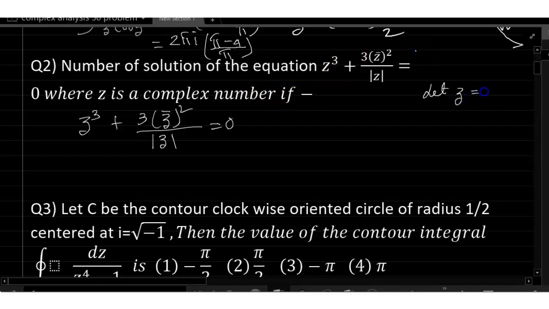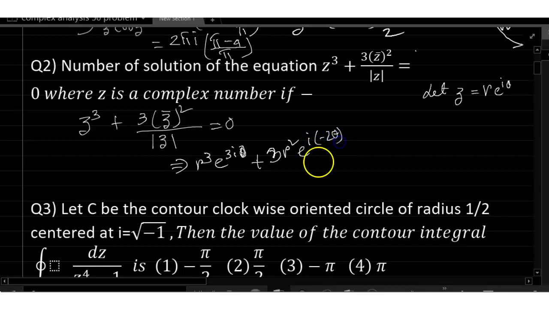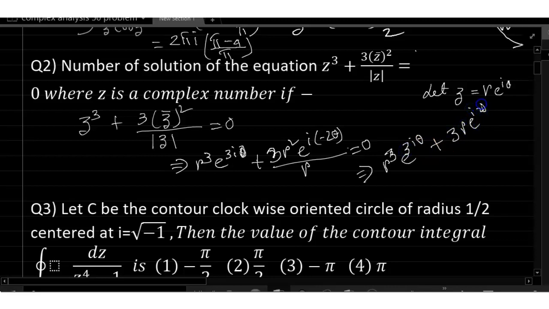Let z = r e^{iθ}. By De Moivre's theorem, r³ e^{3iθ} + 3r e^{−2iθ} = 0.